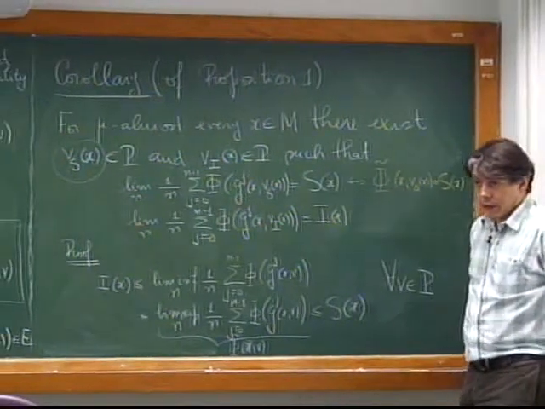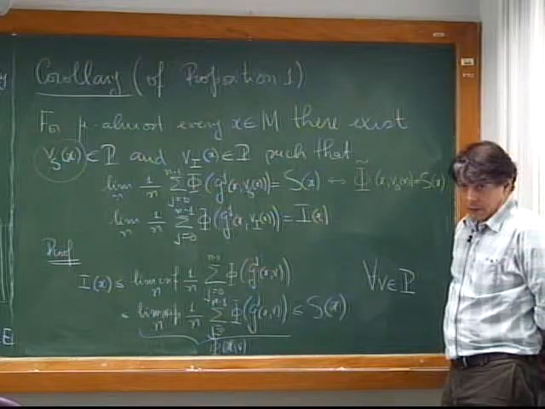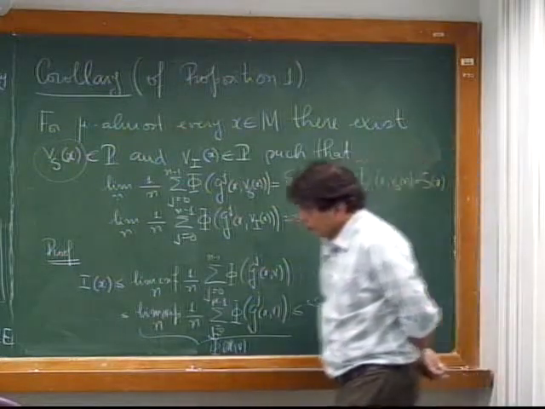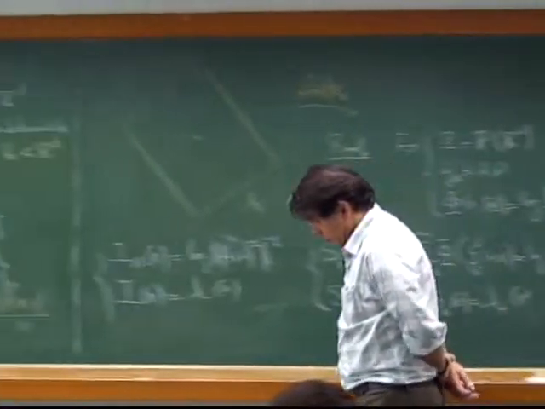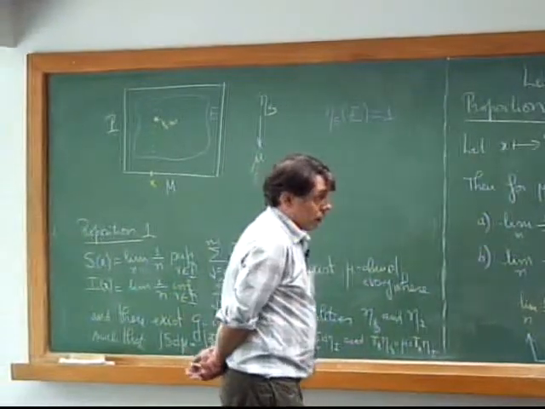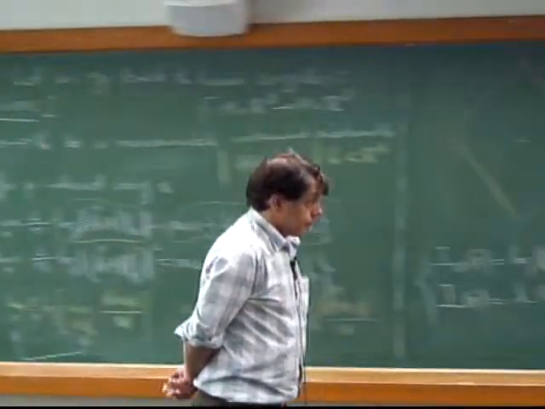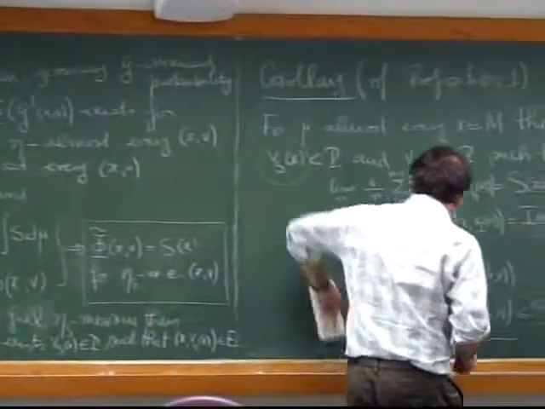I'm not trying to do all the calculations, because otherwise you will get too bored, and besides it's much more efficient to do these calculations alone. But this is the strategy. So at this point I proved the corollary.